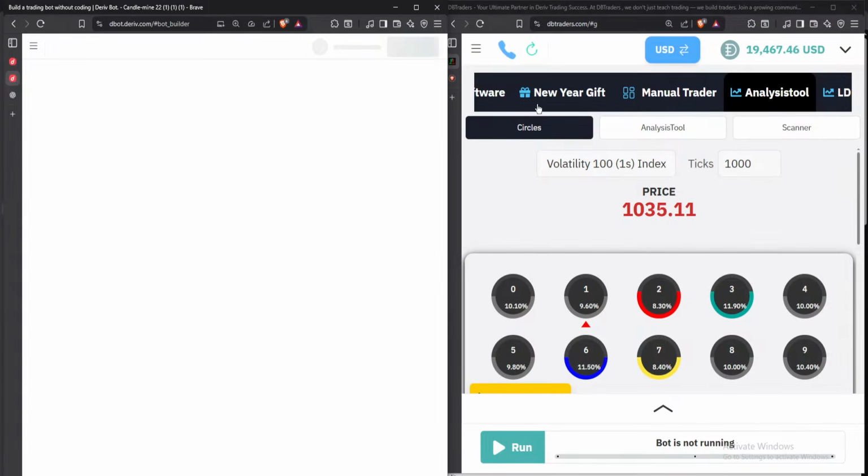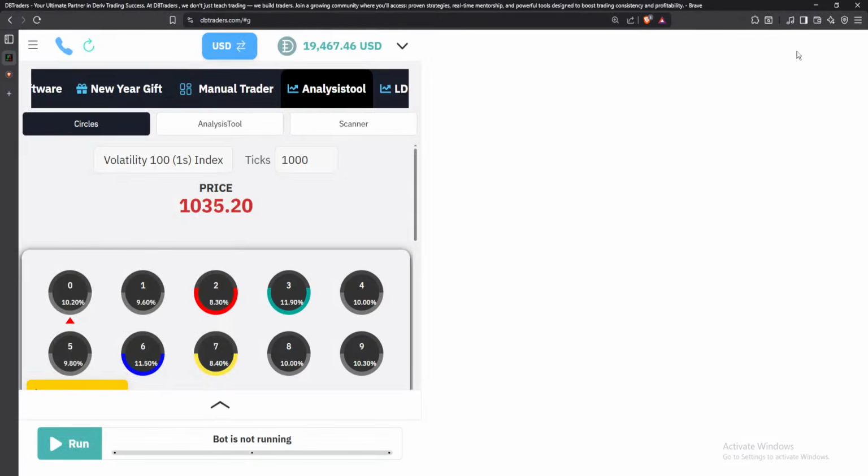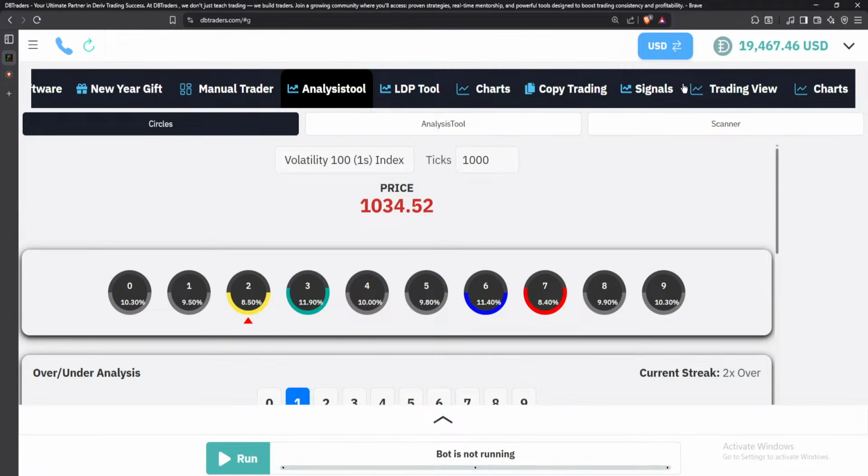But let us give it a minute, and you can be looking at this. I'm thinking about shifting to a martingale of 3, 4, 5. All right, guys, hope you can see, in case you see any lagging.